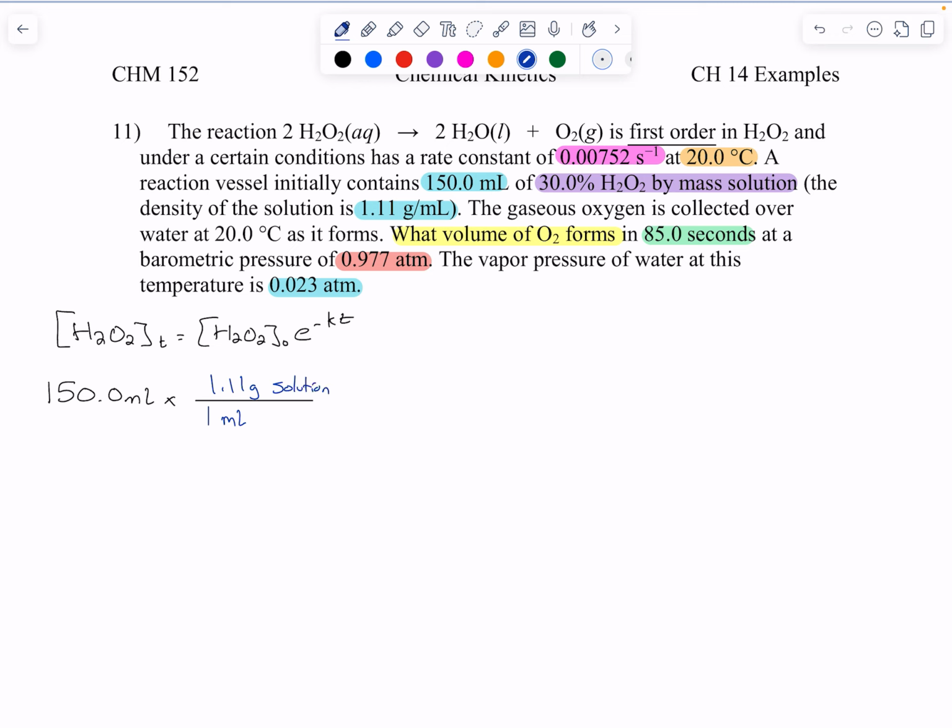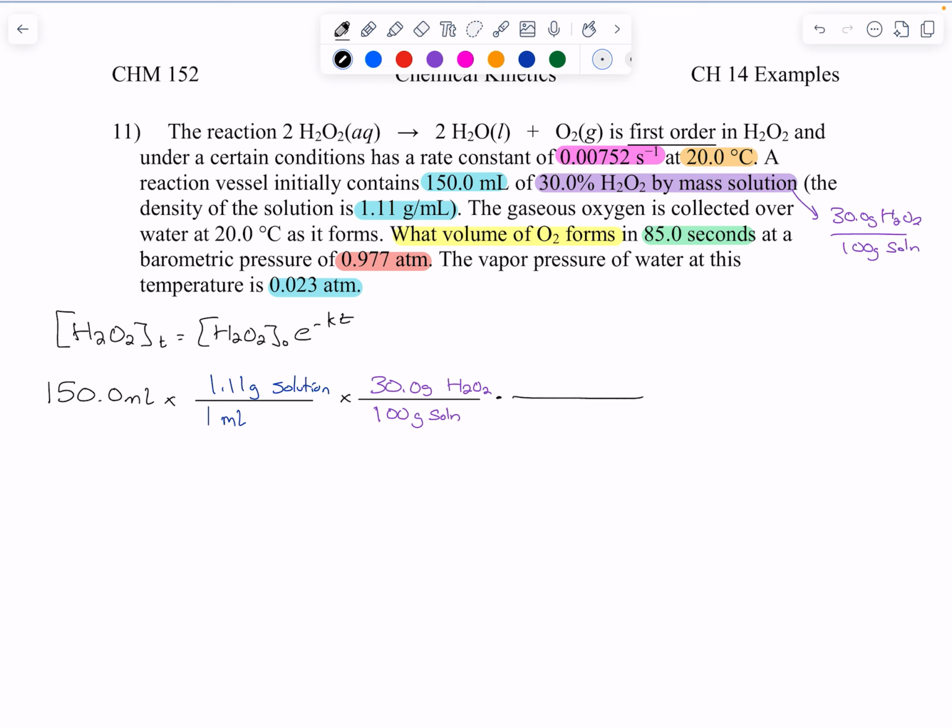And then we know that for this 30%, we have 30.0 grams of H2O2 per 100 grams of solution.